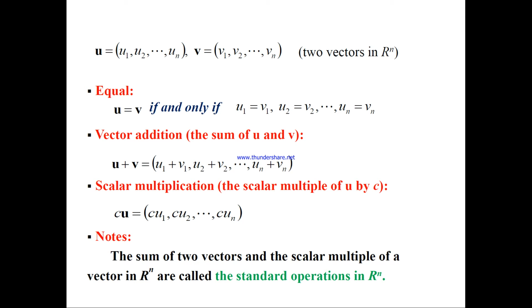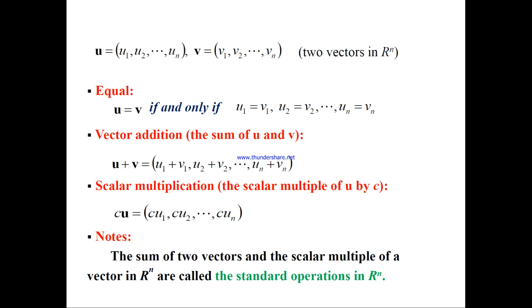You can take c as 1, 2, 3, any value, and multiply that scalar value with u. And how will it get multiplied? The c gets multiplied with each component of that vector u. So that is what we can see here: c times u1, c times u2, and so on, c times un.